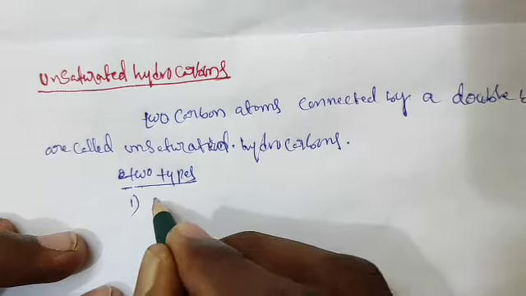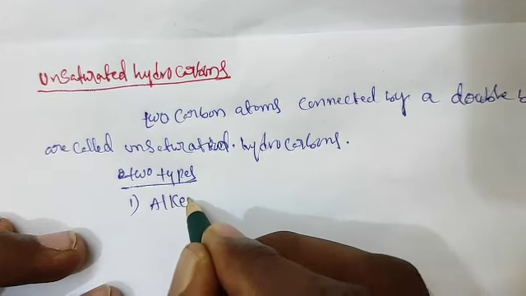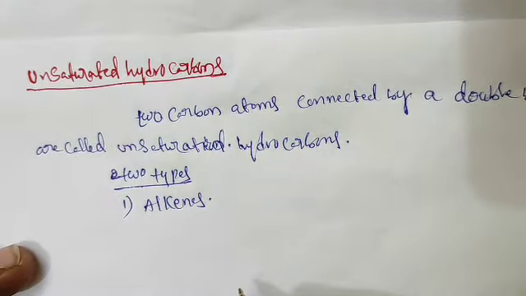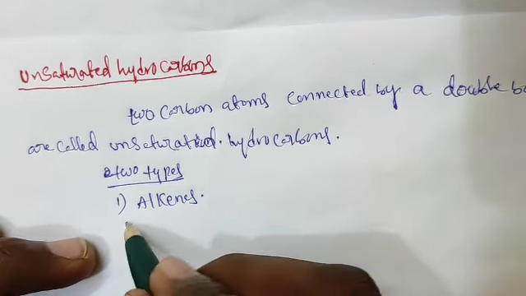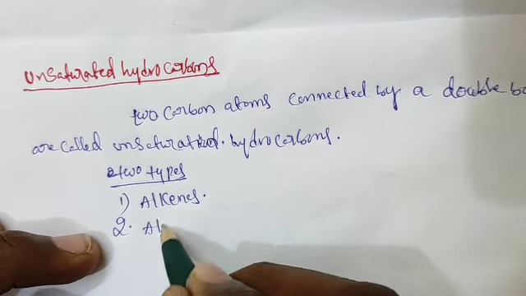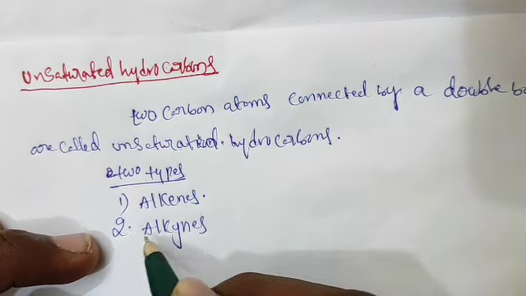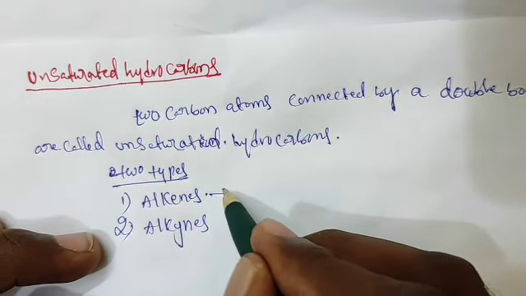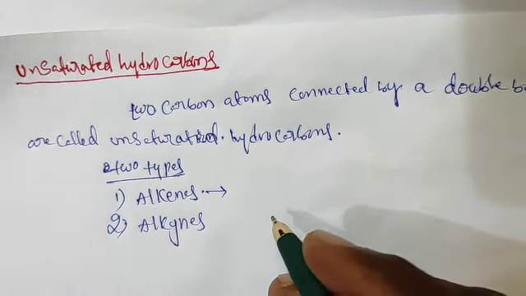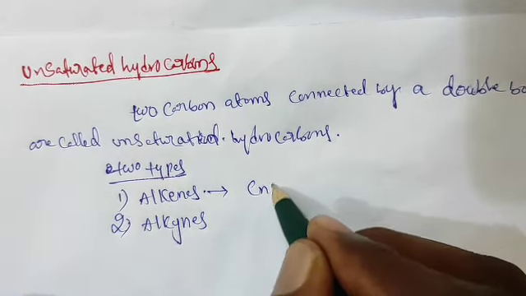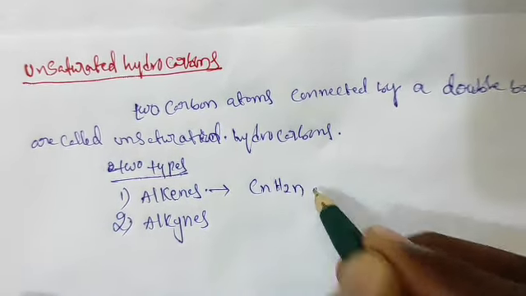One is alkenes. Second one is alkynes. So alkenes general formula is CnH2n.